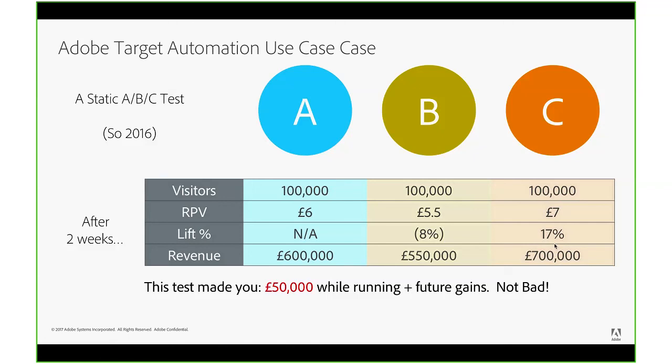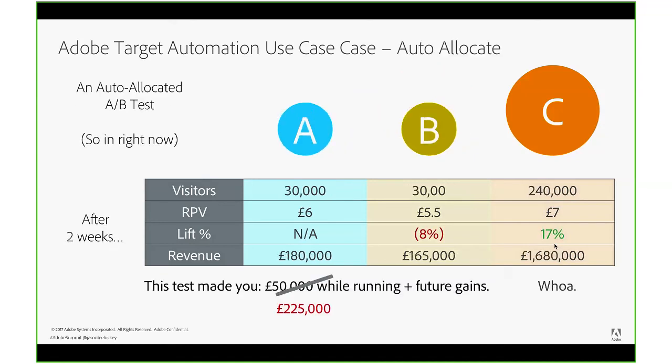There's nothing wrong with making an increment, but where the solution starts to come into play is when we start to use some of the more automation capabilities. In this instance, I'm not sure what's happened to my numbers, they seem to have got a bit skew-ish. But what the tool is doing now is identifying the solution that was winning the most and pushing more traffic to that winning experience earlier in the test itself.